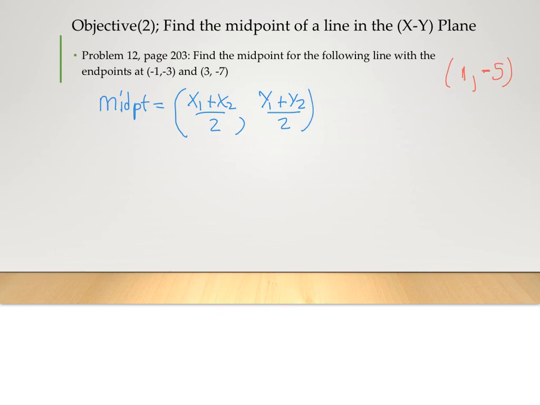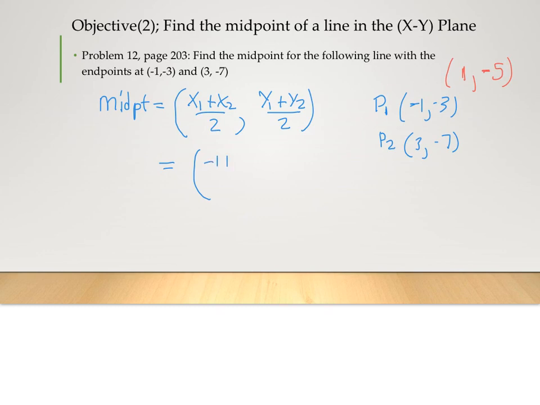And so now we'll pick our points. I'll pick P1, which is point 1, is going to be negative 1, negative 3. And my point 2 I'll write down as 3, negative 7.